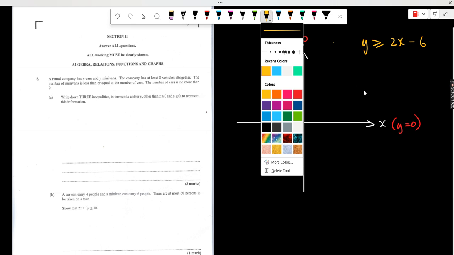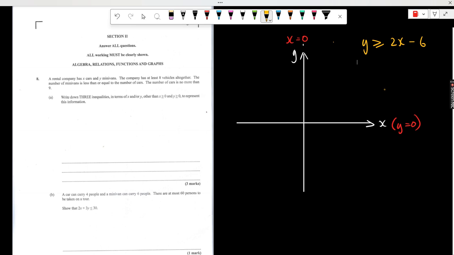Now, before we can actually show that region, we need to be able to show the line y equals 2x minus 6. How do we show that line? It's going to be a sketch. If we want to sketch the line y equals 2x minus 6, we just need two simple points on the line.